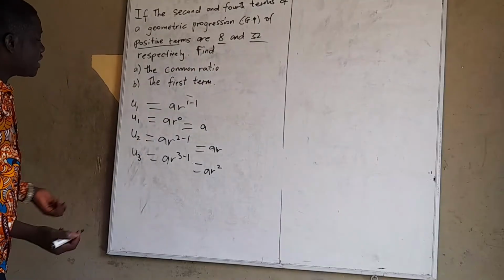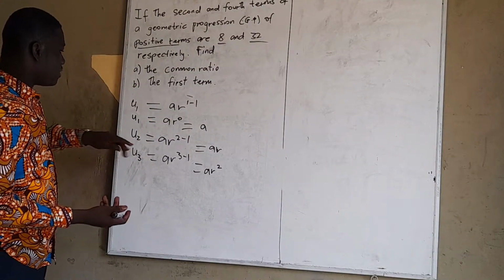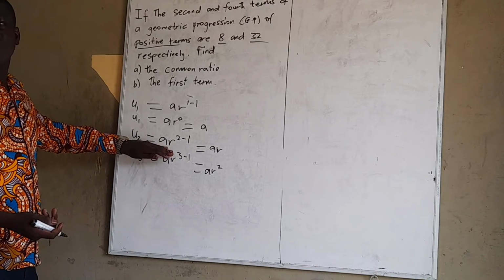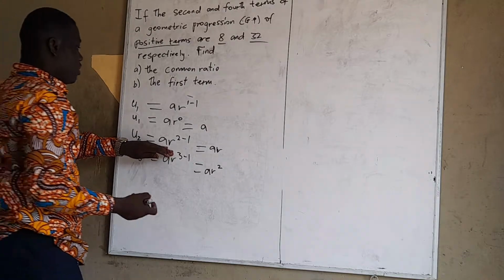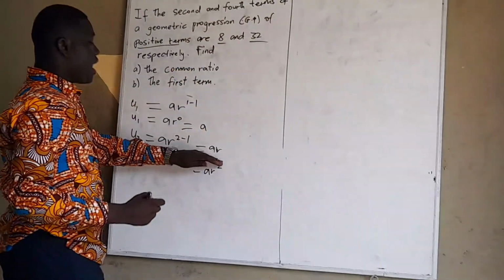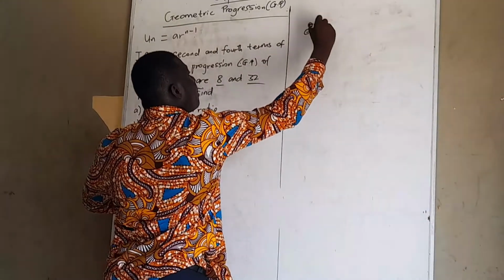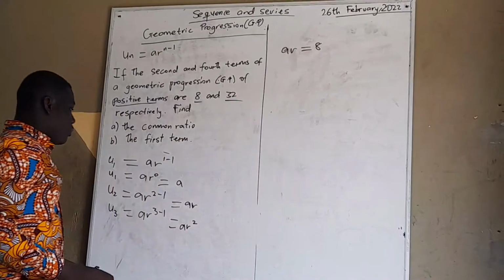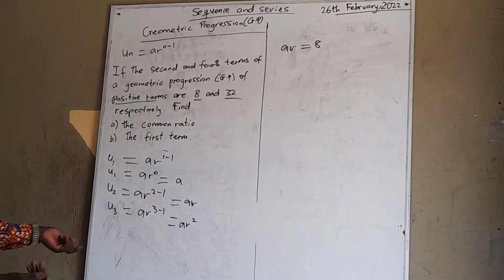Now, what is our second term? That is what we've executed here. So we know that our second term, which is ar, so ar is equal to 8. Okay, we can also solve for our fourth term.